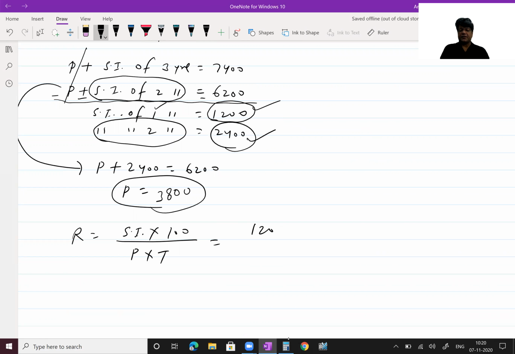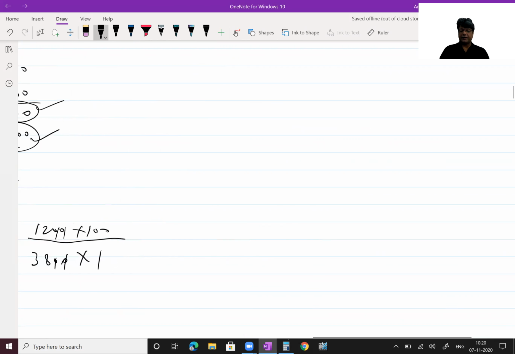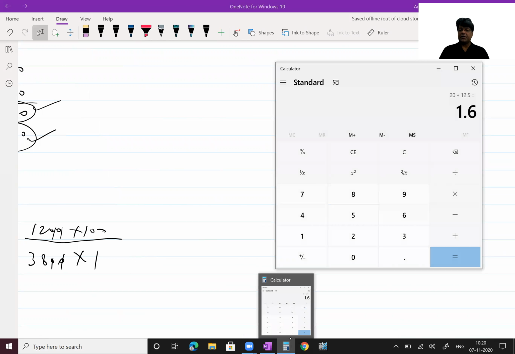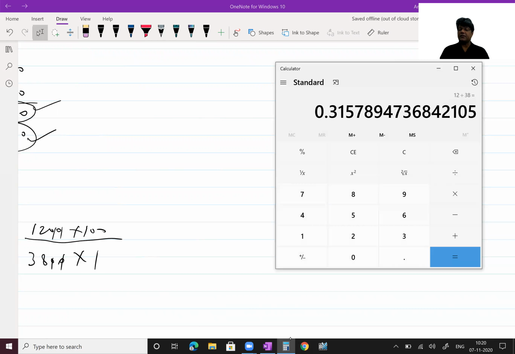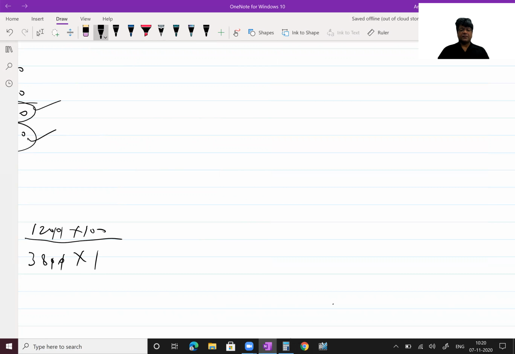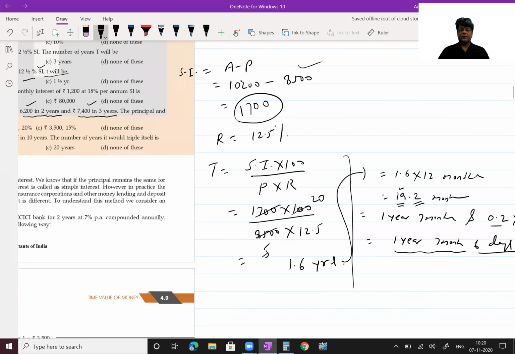So simple interest 1200 into 100 divided by time, 1 year, and principal 3800, which we have already calculated. The 0s cancel, it is 12 by 38, which is 0.3158.